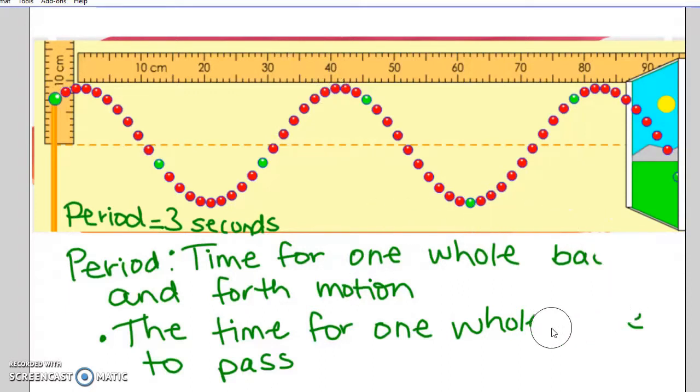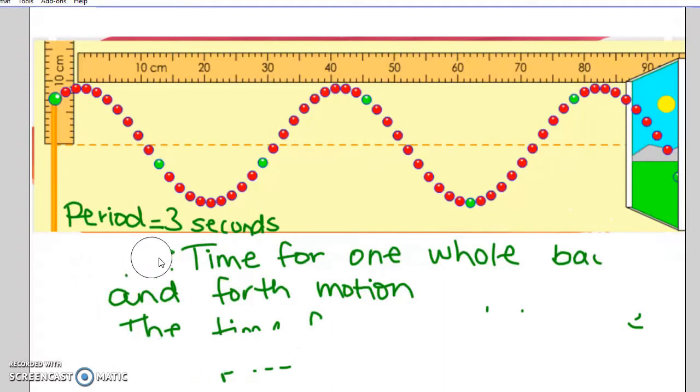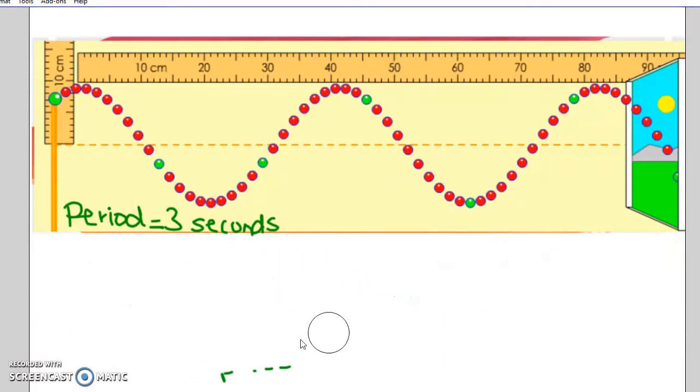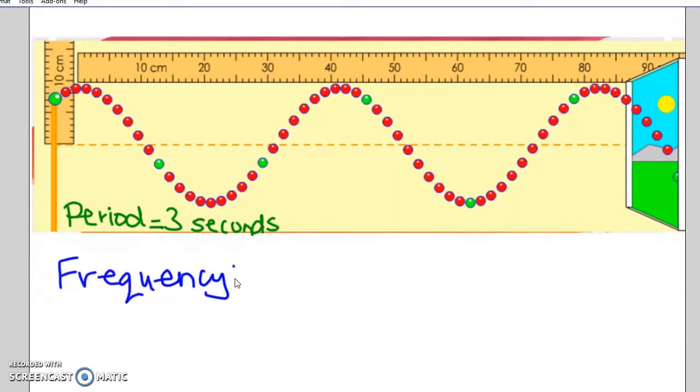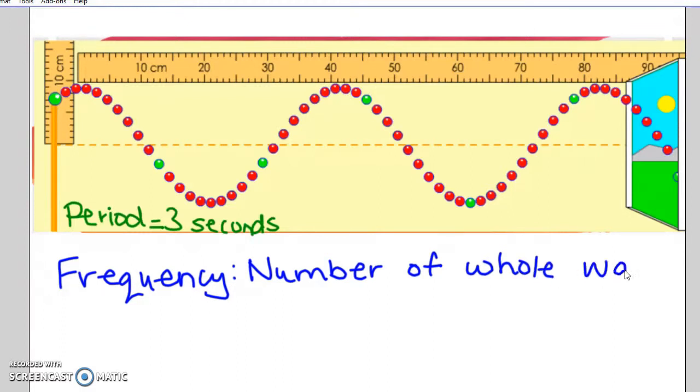We use that to help us measure another property of waves called the frequency. And frequency you've probably heard of if you listen to the radio. You turn your radio dial to a certain frequency and you get a radio station then. And so the frequency is the number of whole waves per second.